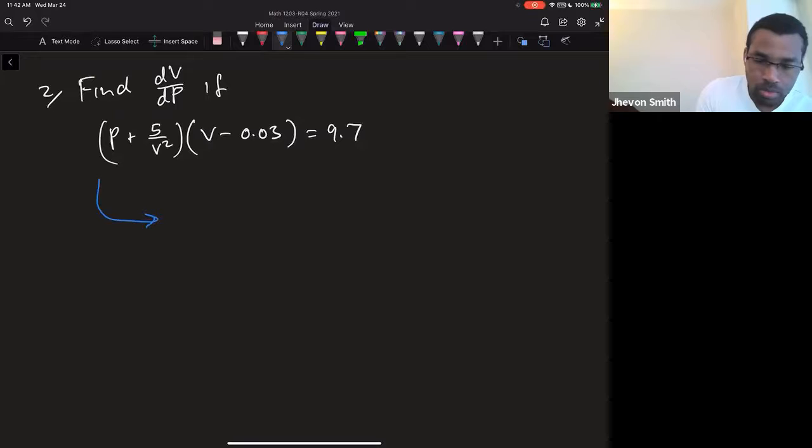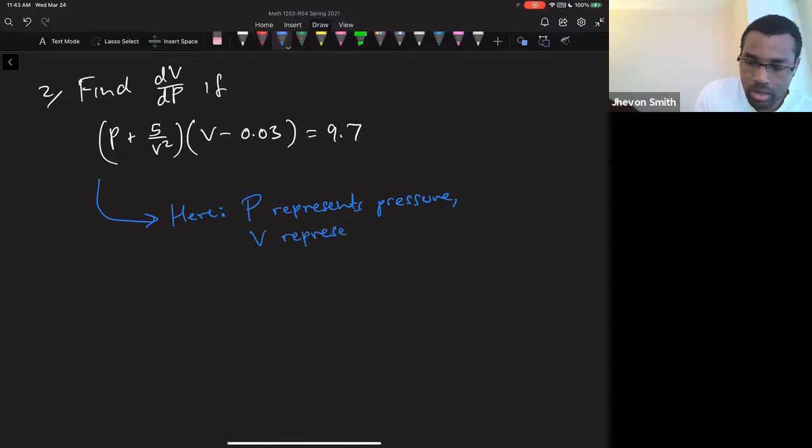So here, maybe this will help. P represents pressure, and V represents volume.